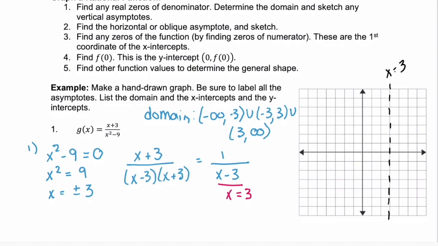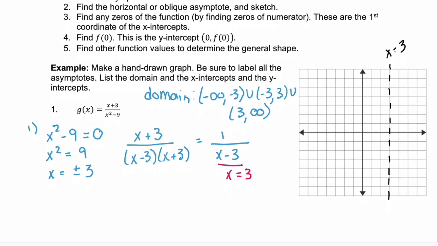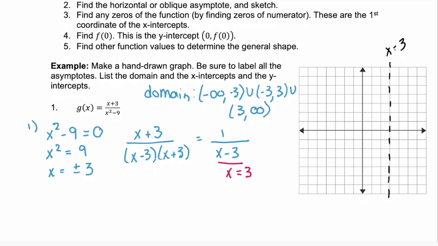Okay, step 2, we need to find horizontal or oblique asymptotes. Well, we don't have an oblique asymptote because the degree of the numerator is not 1 greater than the degree of the denominator. So we need to find the horizontal asymptote. And to find the horizontal asymptote, we need to compare our degrees.